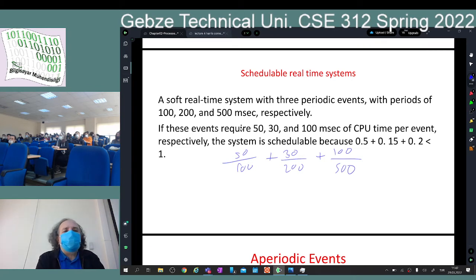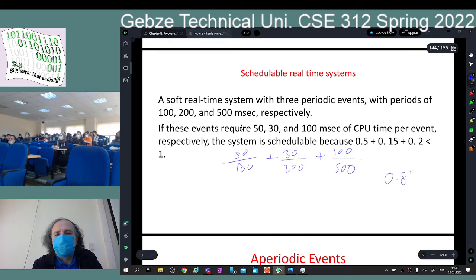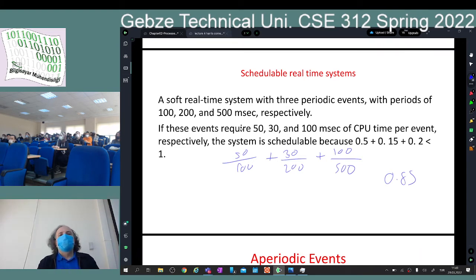If you add them up, you will see that it's 0.85, which is less than 1.0. So it is schedulable. In fact, you don't want to be very close to 1.0, in case some of the processes take longer and something happens, etc.